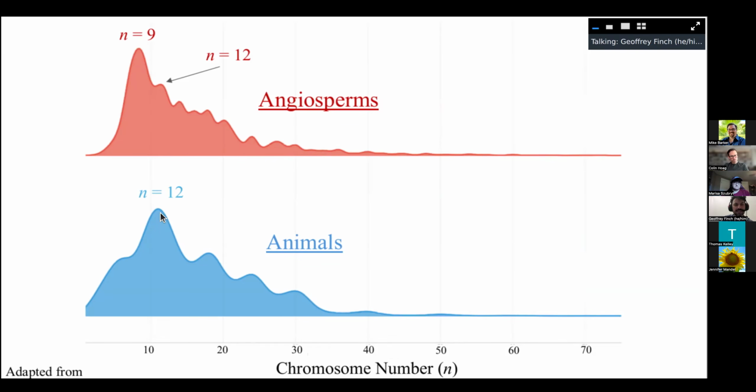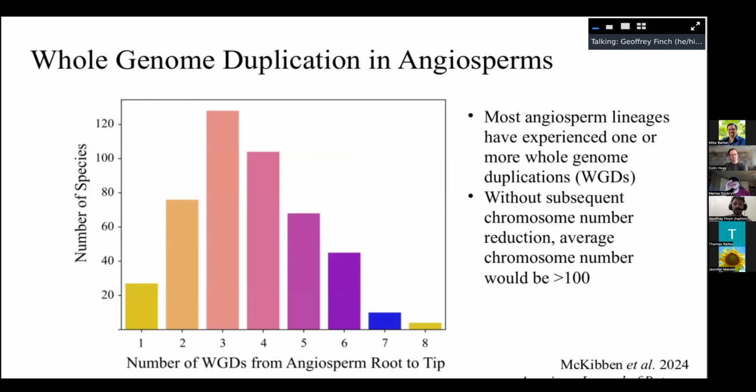The pattern that we see in animals is actually strikingly similar, where the majority have somewhere around 12 chromosomes. And this similarity is really interesting when you think about the fact that flowering plants, but not animals, experience a lot of whole genome duplication, right? This figure shows the estimated number of whole genome duplications in any given angiosperm lineage, if you trace from the root of the tree to the tip.